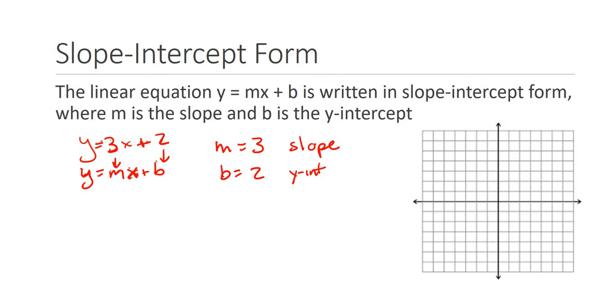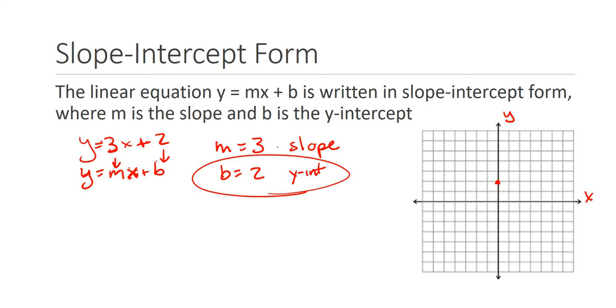So if I look at this and want to graph, we know how to graph the y-intercept. We put it on the y-axis. And the slope is our rise over run. Since I want to write that as a fraction, I'm going to write it as 3 over 1, because that's the same as 3.